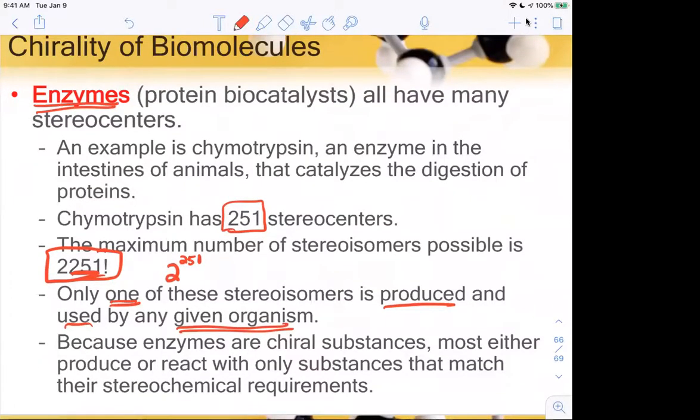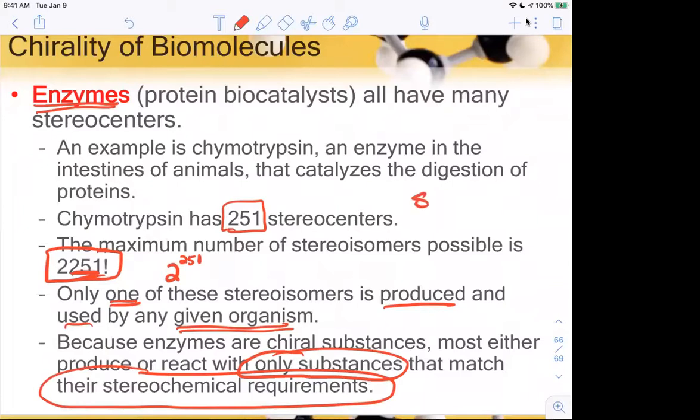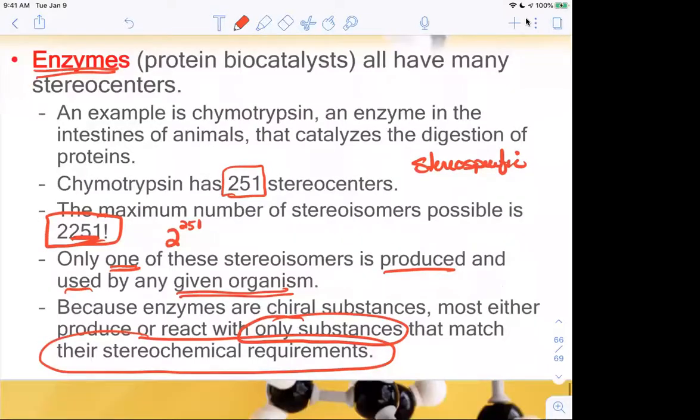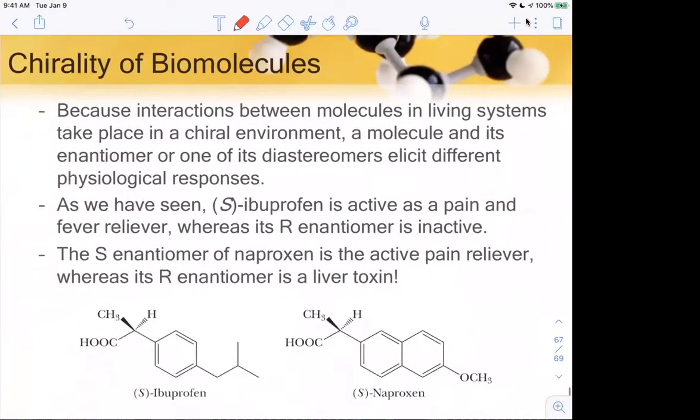Because these enzymes are chiral, most either produce or react with only substances that match their stereochemical requirements. Again, they are stereospecific interactions. Because these interactions between molecules in biology take place in a chiral environment, a molecule and its enantiomer, or a molecule and one of its diastereomers, will elicit different physiological responses.